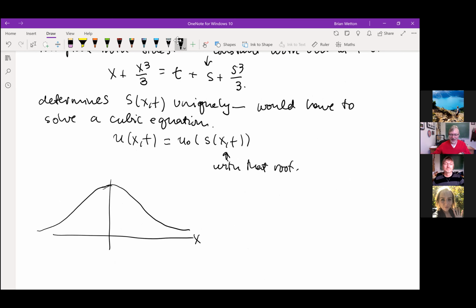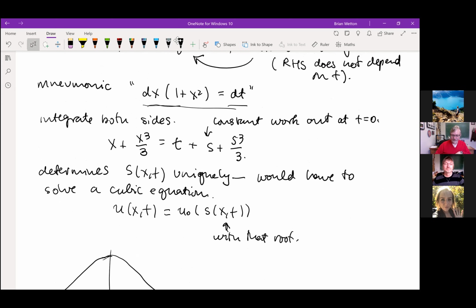I think there's a question coming up. I saw something. How do I know which one is the right one? Solve a cubic equation with the right root. Well, okay.